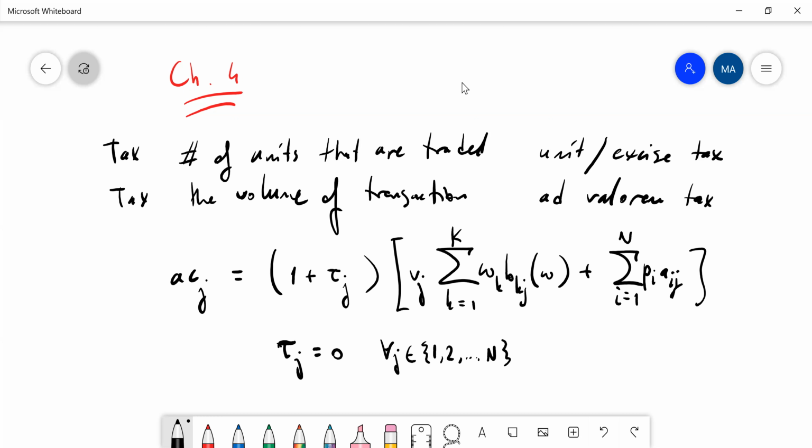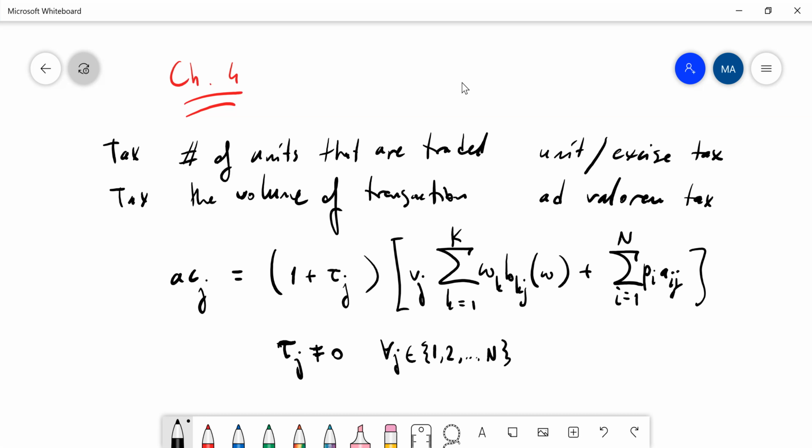Now in this version, we tax the total use of inputs, both the primary factors and the intermediate inputs, because this becomes the average cost, right? So when I tax the firm, I basically increase its cost in this way, by using the tax rate tau.